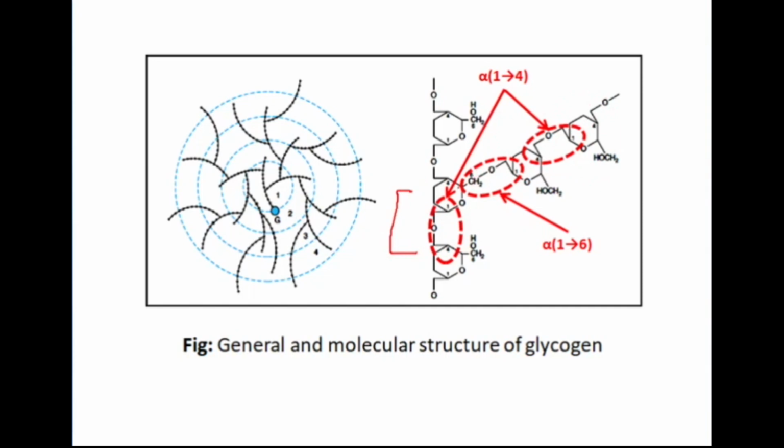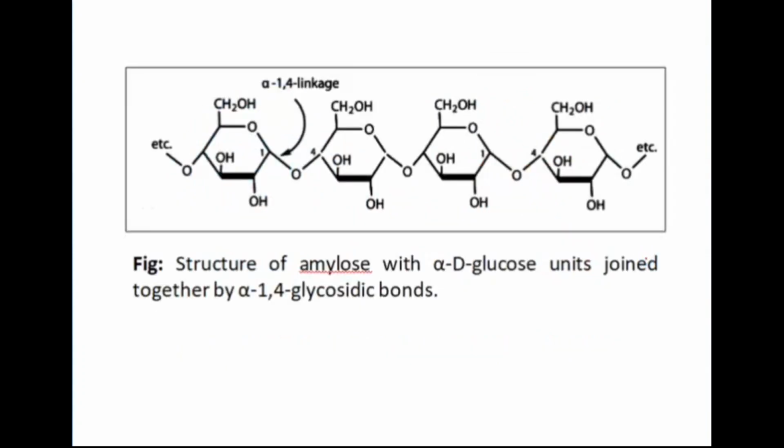But these two chains are connected with alpha 1,6 linkage. This is the sixth carbon of this chain, on this particular sugar molecule, which is branched with the first carbon of this next chain. So these two chains are interconnected with alpha 1,6 glycosidic linkage. So in the molecular structure of glycogen, you will find both bonding patterns: alpha 1,4 glycosidic linkage and also alpha 1,6 glycosidic linkage.